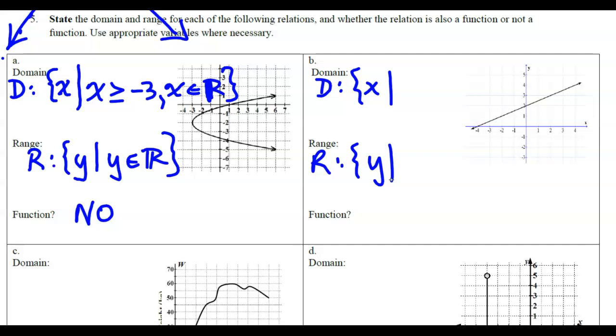If I'm saying down and up with no gaps in between, it's all real numbers. So any line like this that has arrows on both ends, that's a diagonal, is the easiest you'll get. It's just all real numbers for both. Okay, so all real numbers for both of these.